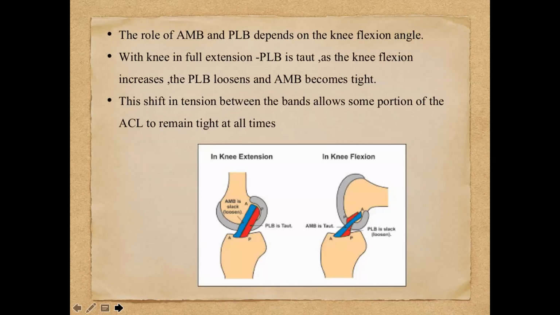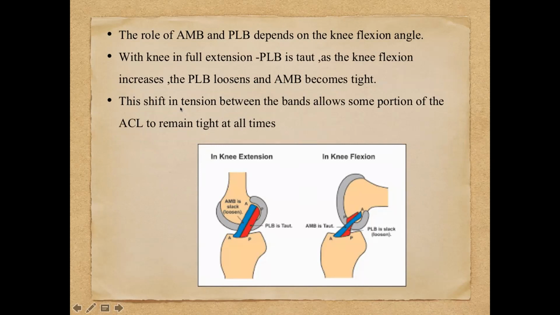The role of the AM bundle and PL bundle depends upon the knee flexion angle. With the knee in full extension, the posterolateral bundle is taut. As knee flexion increases, the PL bundle loosens and the AM bundle becomes tight.